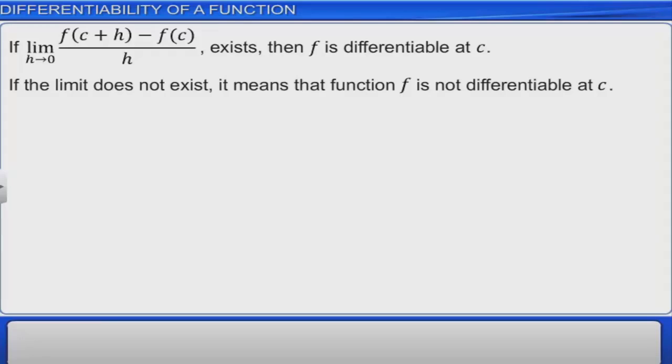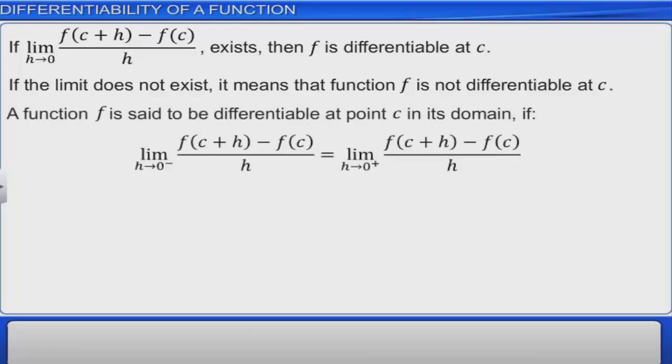In other words, a function f is said to be differentiable at point c in its domain if the left-hand limit and the right-hand limit of f of c plus h minus f of c whole divided by h exist and are equal. This definition can be extended to any closed interval a comma b.